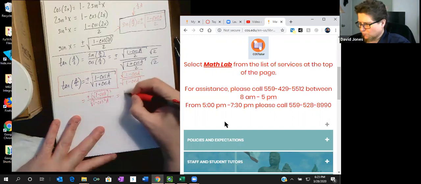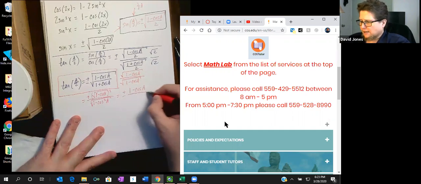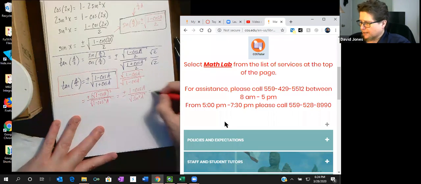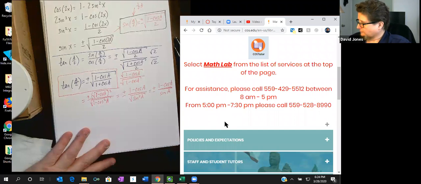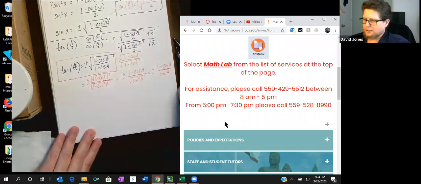This top thing is just 1 minus cosine A, though. The radical and square clear. 1 minus cosine squared is sine squared. And so you get 1 minus cosine A over sine of A. So that's another option.